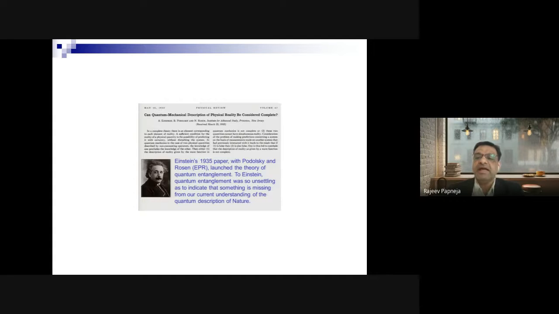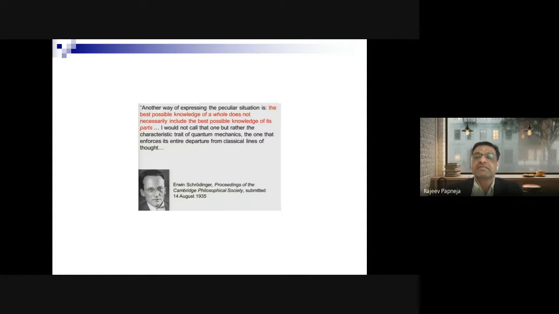And that paper elicited some interesting responses, including one that was particularly perceptive by Schrödinger. We already saw Schrödinger and his experiment of the cat, dead or alive. So Schrödinger wrote a few months later, characterizing the situation in such a way that the best possible knowledge of a whole does not necessarily include the best possible knowledge of its parts.